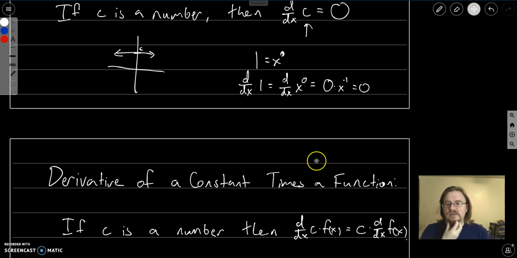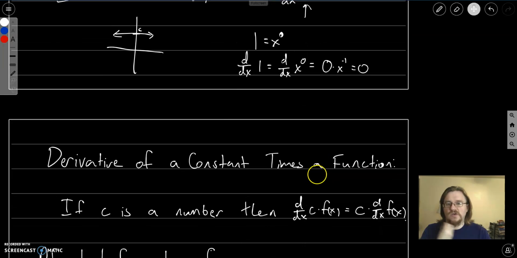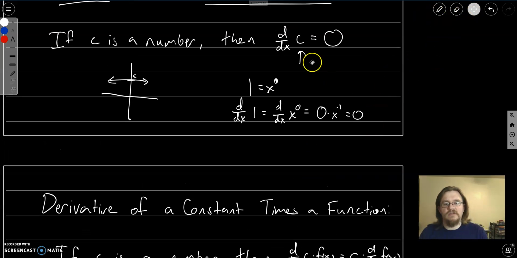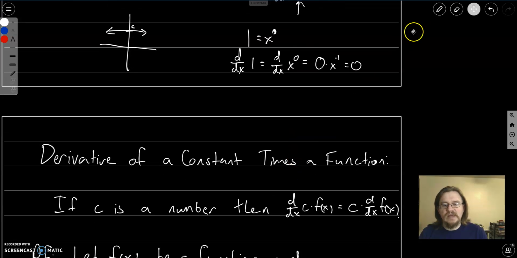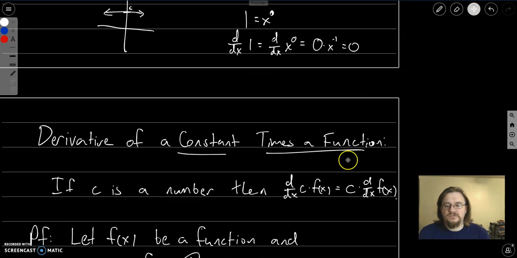This is actually going to be a little bit more useful in the following context. So rather than just taking the derivative of a constant, we can actually look at the derivative of a constant times a function. I think this sort of intuitively makes sense.